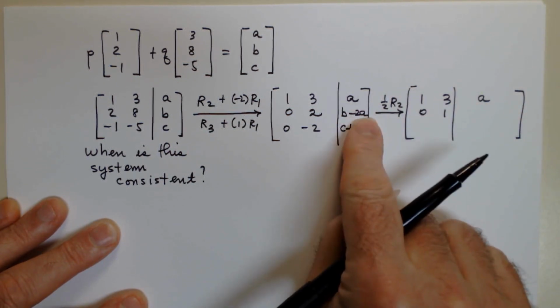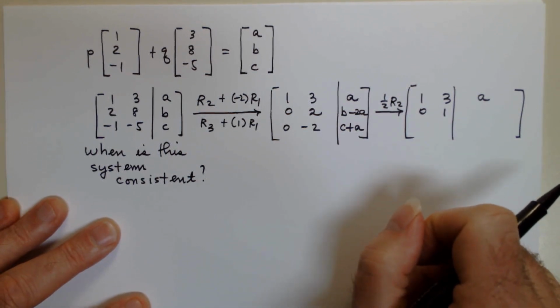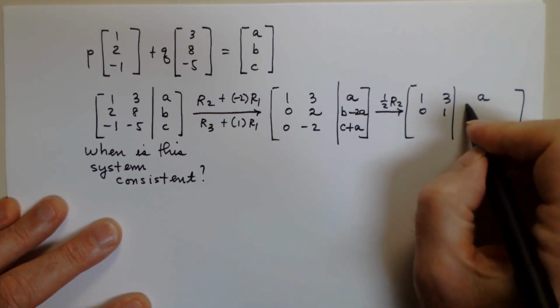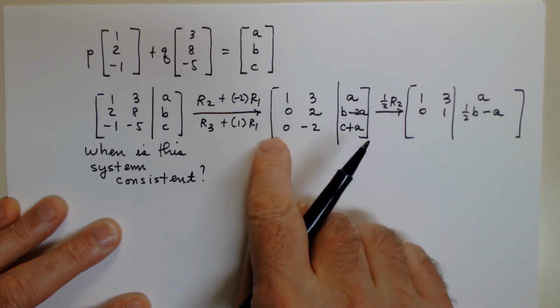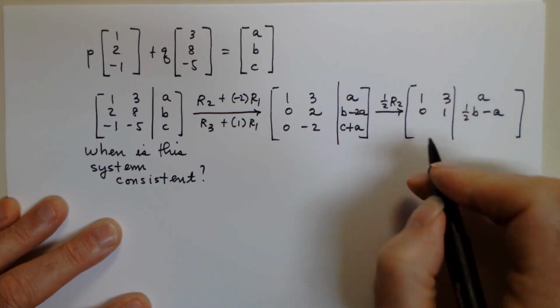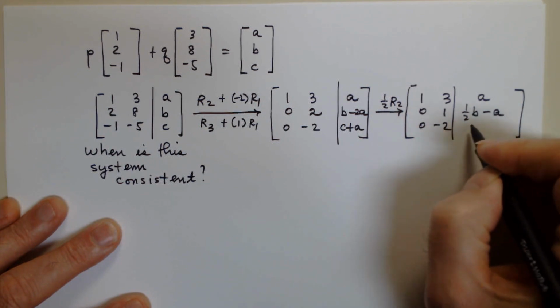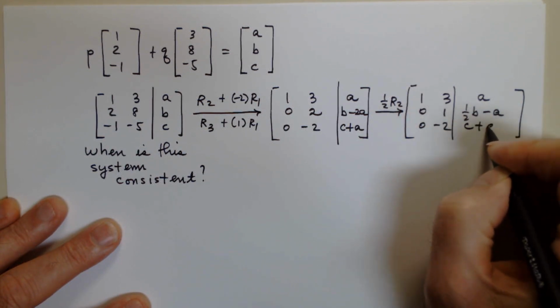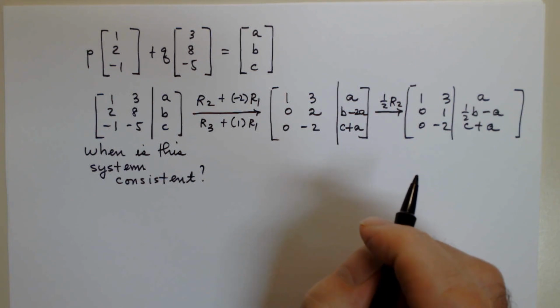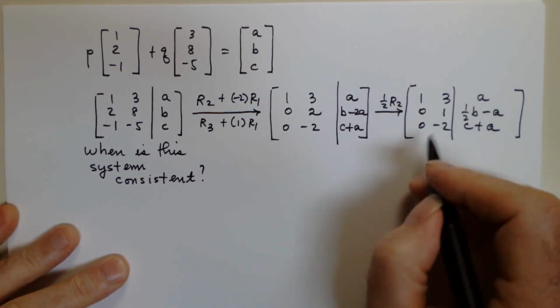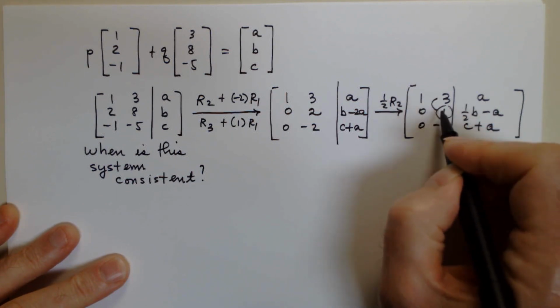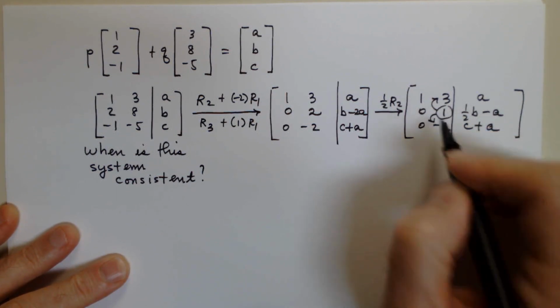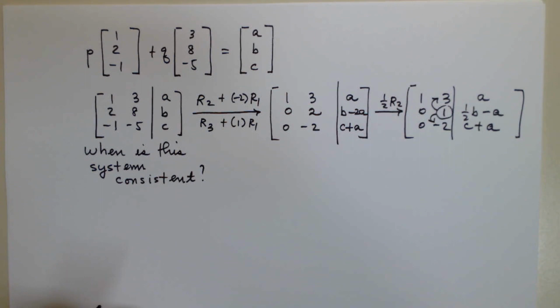Now I'm scaling by 1/2, so it's going to be 1/2 of B minus A. And I'm leaving row 3 unchanged. All right, great. Now, my next step is going to be to use this leading 1 that I've created to eliminate all of the other non-zero elements in its column.